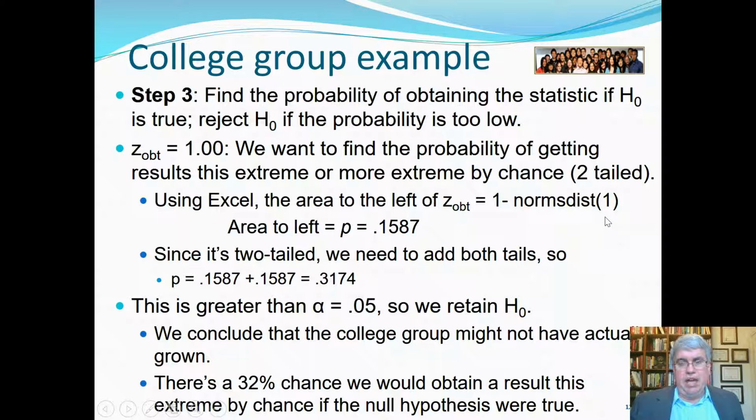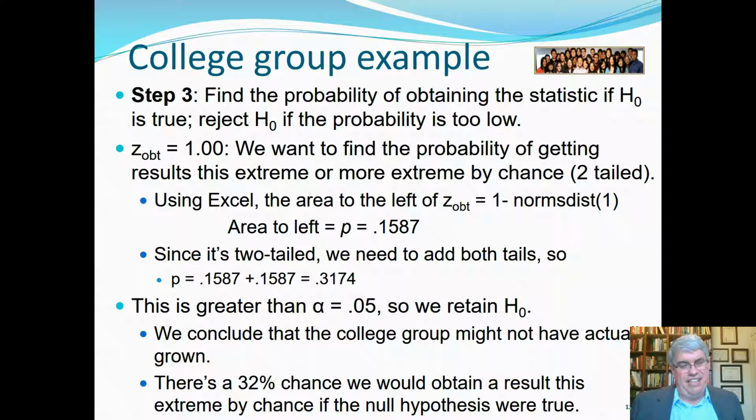Now it's two-tailed, so we need to add both tails, and the two tails are symmetrical, so we add 0.1587 twice, and that equals 0.3174. So there's a 32% chance of getting a statistic this extreme if the group really hadn't grown.